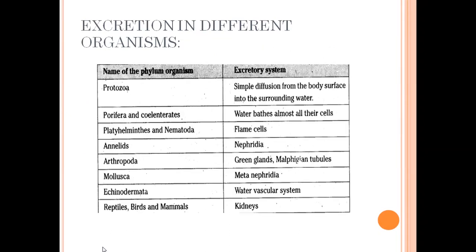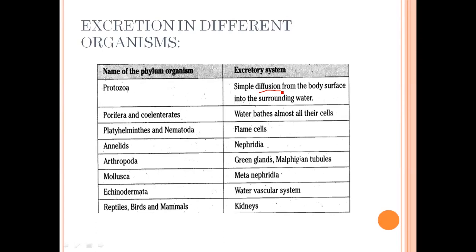Now, whatever be the excretory product, different types of organisms have different excretory structures for the removal of excretory waste from their body. For example, the unicellular organisms, protozoa, eliminate the waste material from their body by the simple process of diffusion. So diffusion becomes the basic process of removal of waste material from their body.